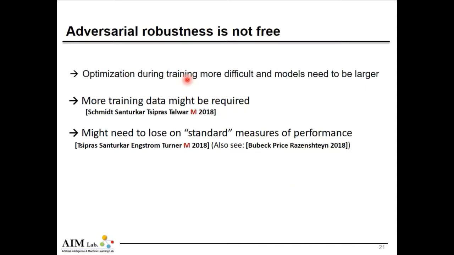In particular, first, the optimization problem we need to solve during training is way more difficult and models need to be a little larger. Also, we just mentioned that you might need more data when you train a robust model. And finally, you might give up a bit of performance on standard accuracy.